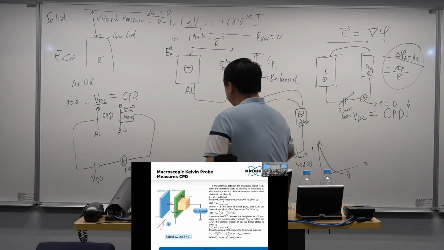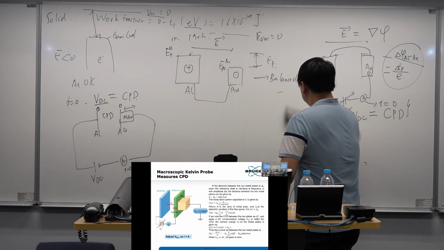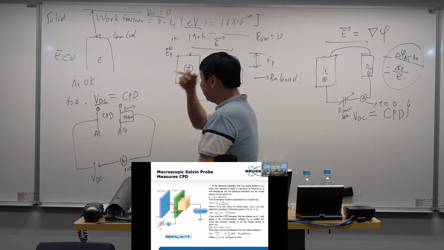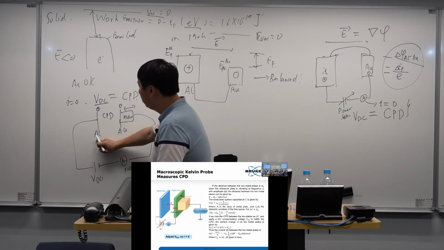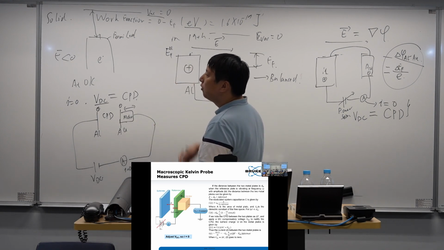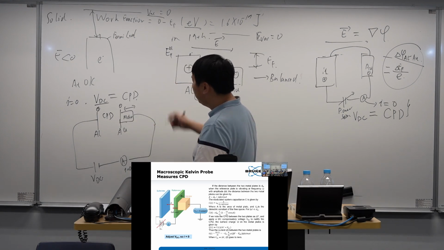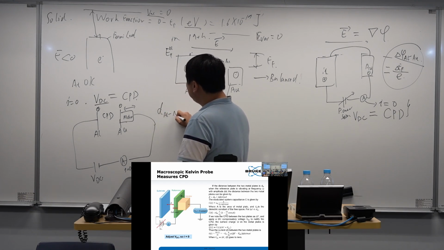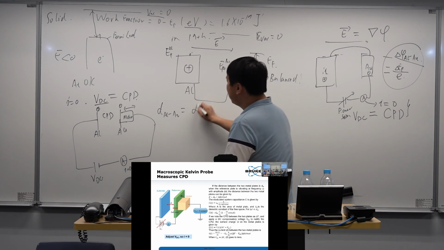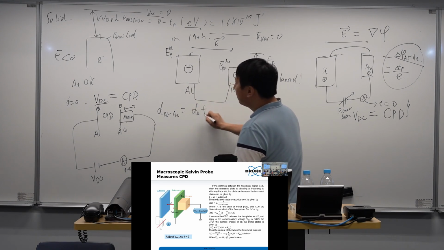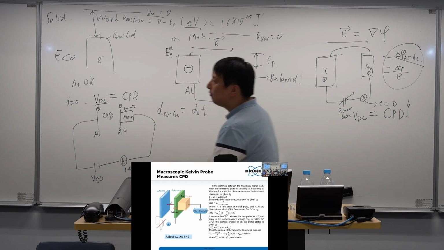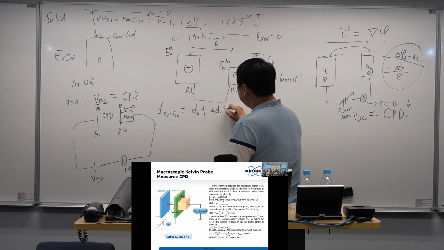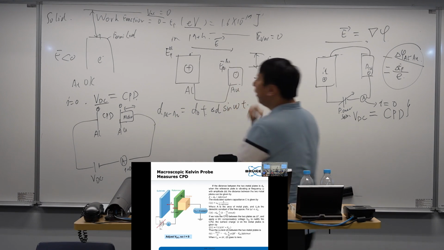When this motor moves, the distance between the aluminum and the gold will change periodically. I will define this D between aluminum and gold as a constant plus how it moves, if we define the move as sinusoidal: D = D0 + delta D sine omega t.